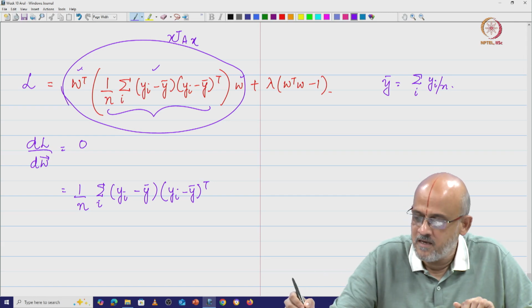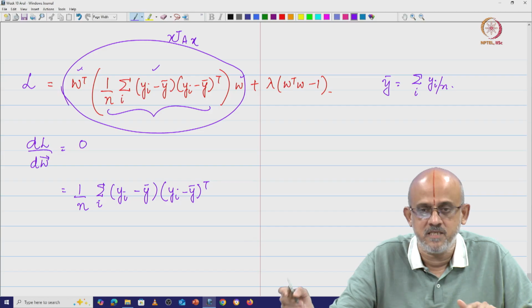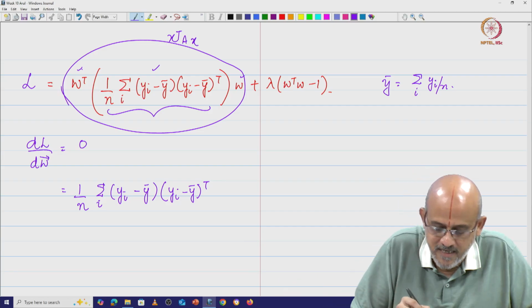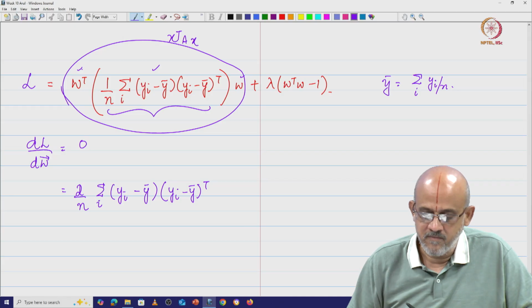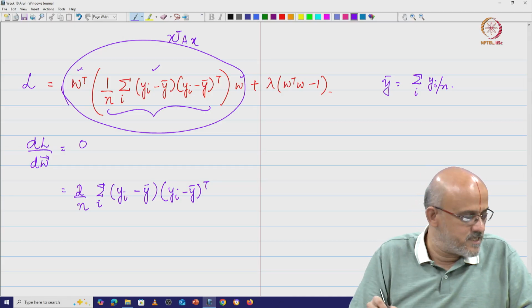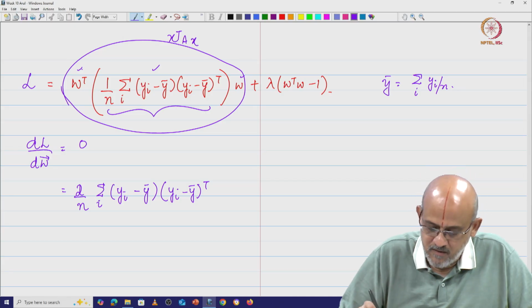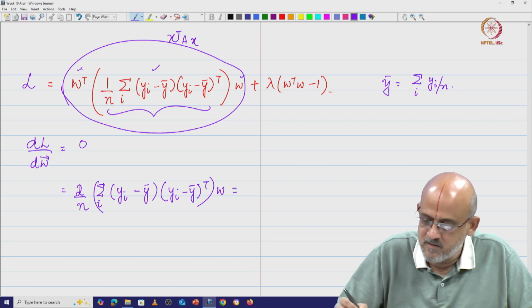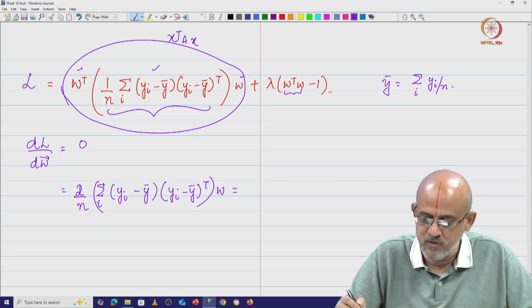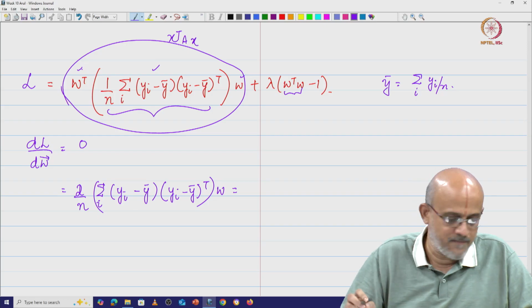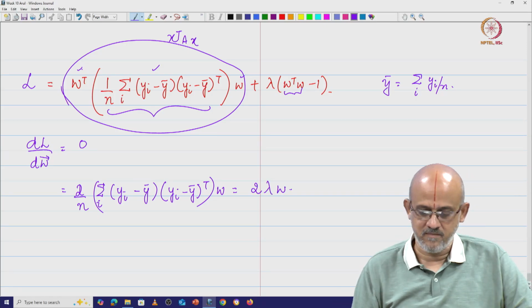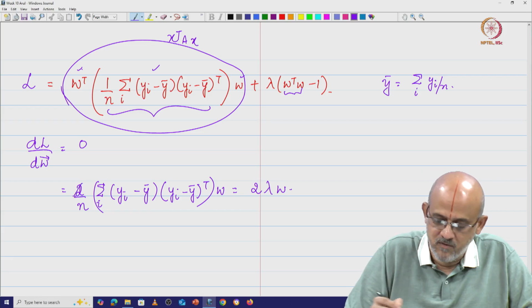Always remember, A into A transpose is a symmetric matrix, A transpose A is also a symmetric matrix. So, I will get 2 by n into this into W, and from W transpose W, I will get 2 lambda W. So, that 2 and this 2 will get knocked off.